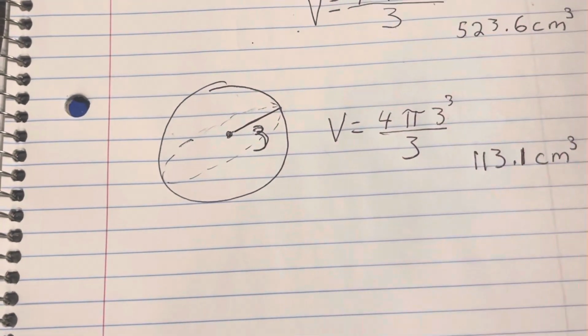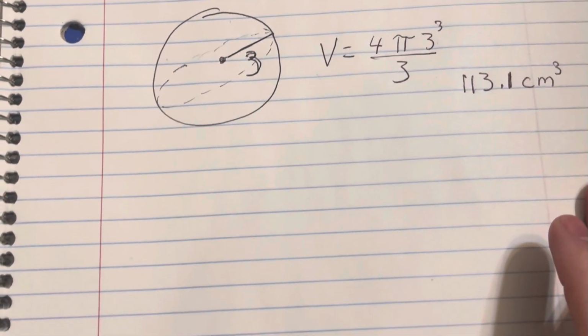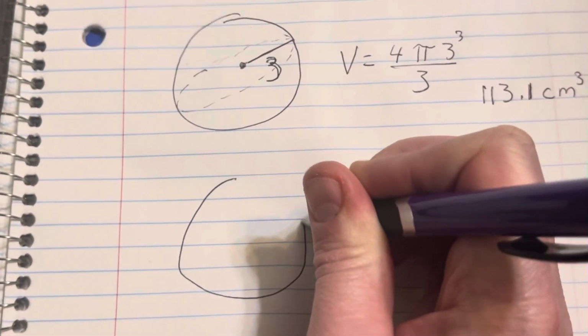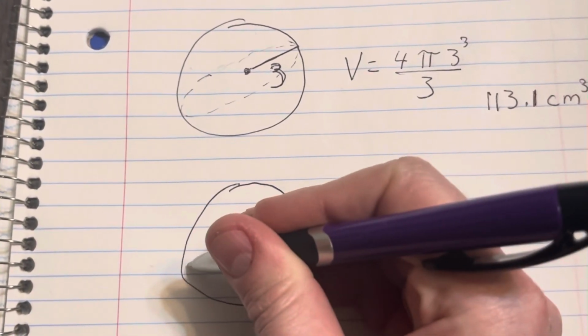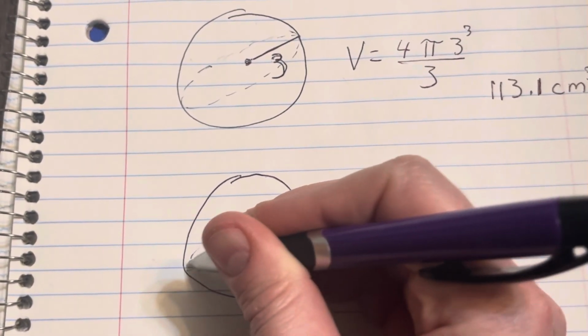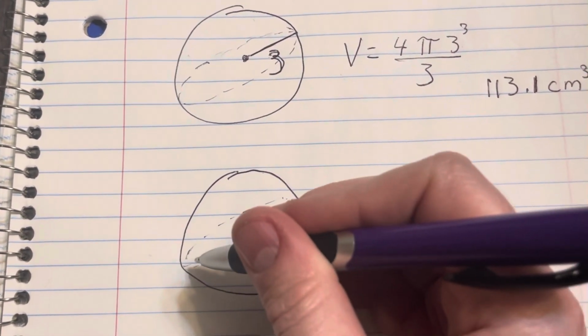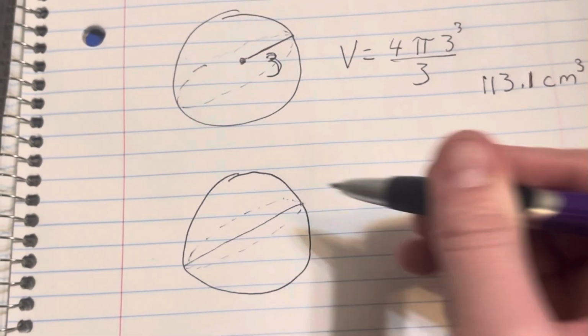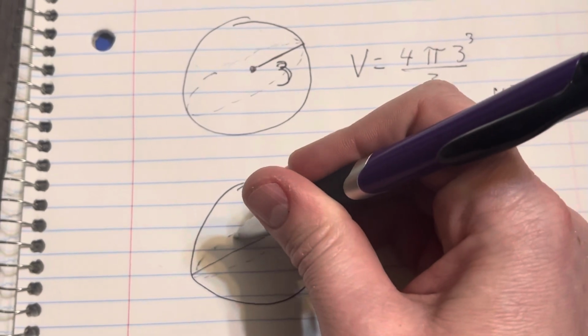Now, as always, whenever we do anything with circles, sometimes instead of being given the radius, you're going to be given a diameter. Okay, so let's have our sphere, and this time I'm going to give you the diameter, and the diameter is going to be 20.